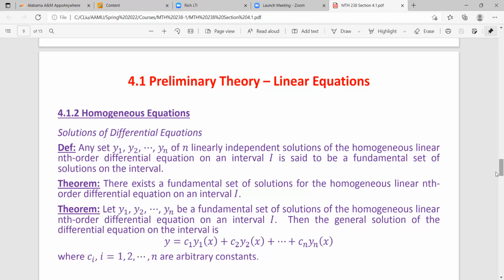Then the general solution of the differential equation on this interval is the linear combination of this fundamental set of solutions. So essentially that says how to solve a homogeneous linear differential equation. You just need to find a fundamental set of solutions.